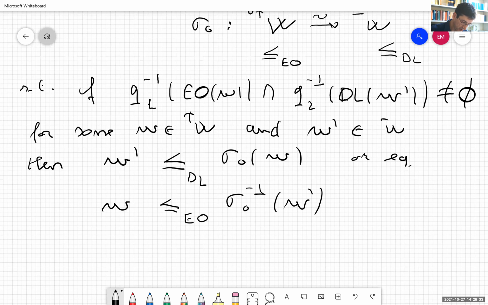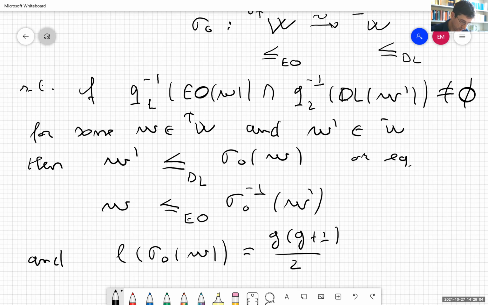And also, since we know dimensions, this matching of dimension, the fact that going through Q1 inverse, Q2 there is a shift in dimension, is explained by the fact that this order reversing bijection has the property that the length of the image of some W via sigma 0 is equal to the dimension of A_g, which is g times (g plus 1) over 2, minus the length of W.